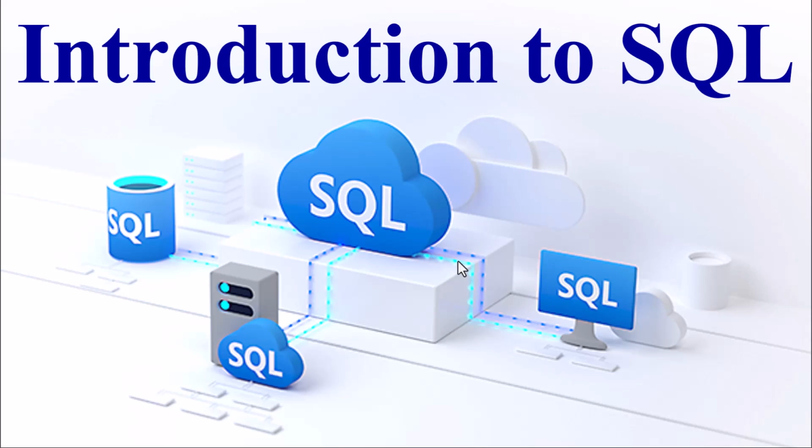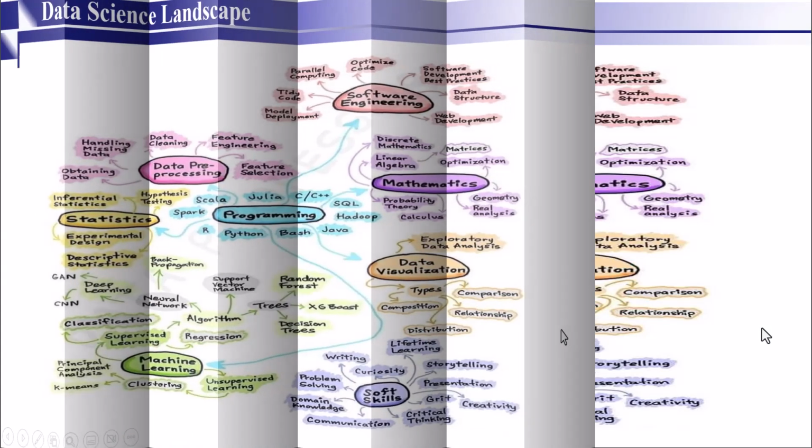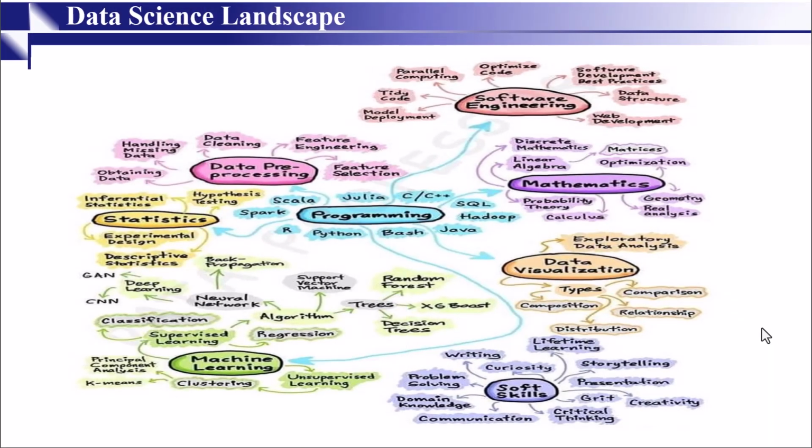Let's get started with a look at the broader data science landscape where SQL plays a critical role. So first, why do we need to learn SQL? In this slide, you can see the data science landscape, and SQL is located here as a programming language.